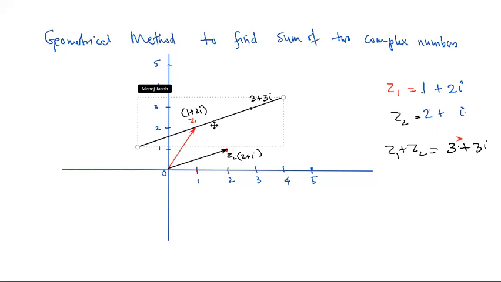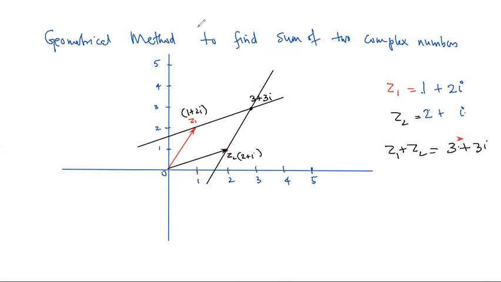I have just drawn a line parallel to this passing through Z1. Same way, I am going to draw a line parallel to OZ1 passing through Z2. It will be something like this. Exactly parallel. And you will notice that both parallel lines will automatically intersect at 3 plus 3i.